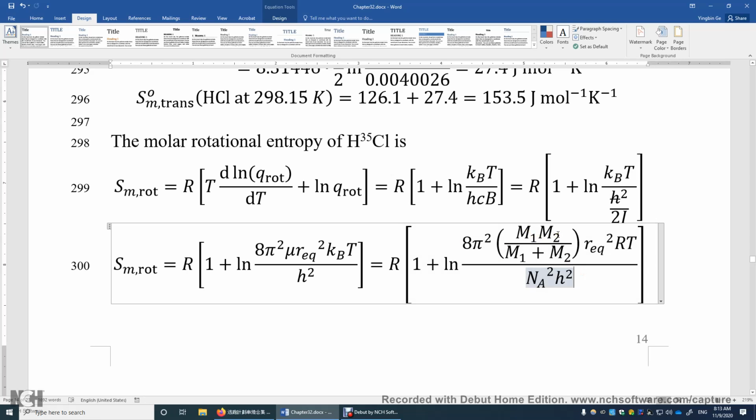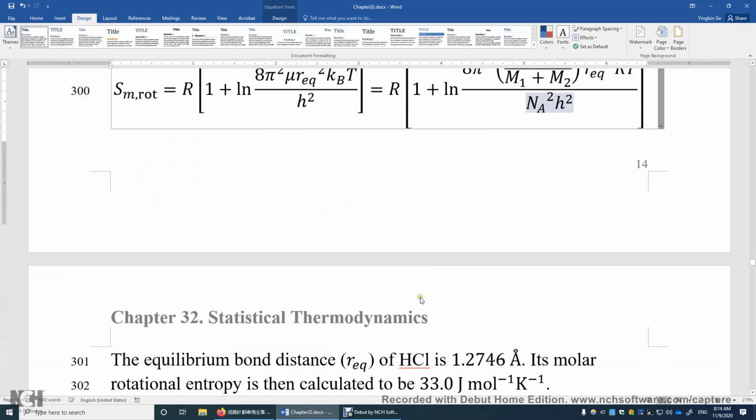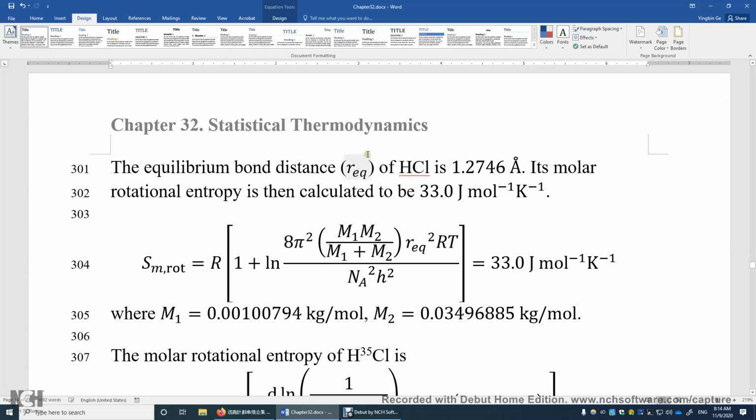M1 and M2 are the molar masses in kilogram per mole of the two atoms in HCl. And r_eq is the equilibrium bond distance. We know this equilibrium bond distance is 1.2746 angstroms. I got this number from the NIST website.